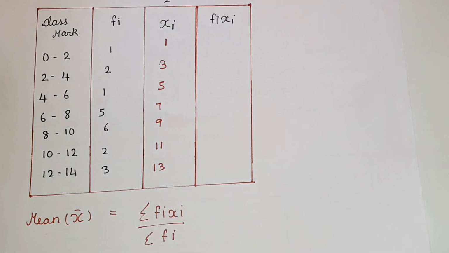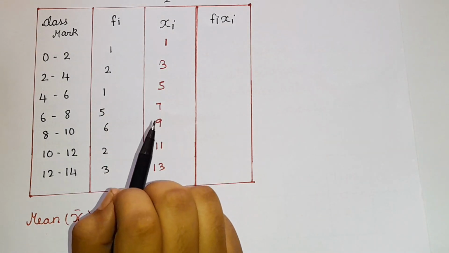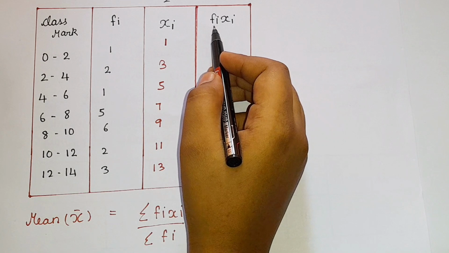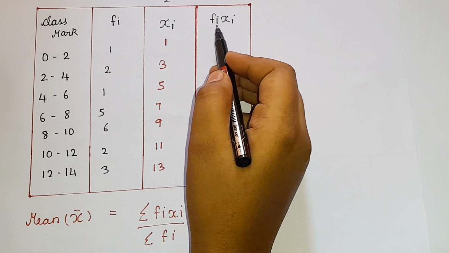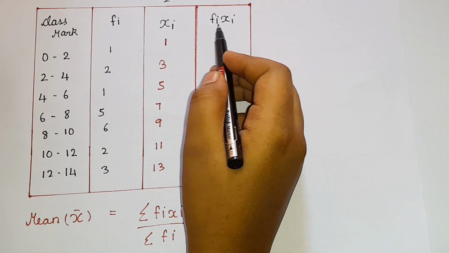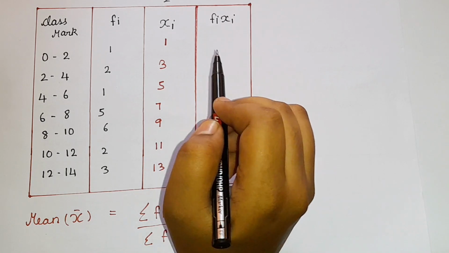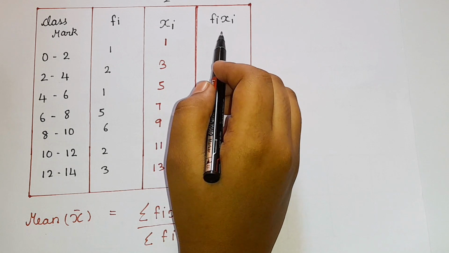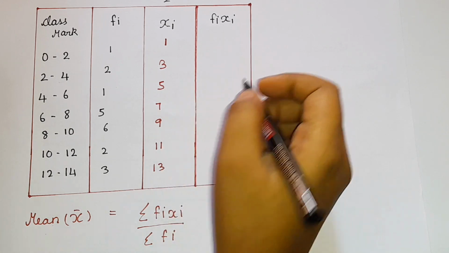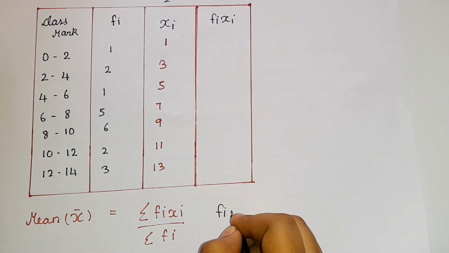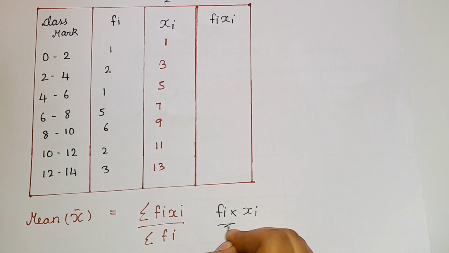To use this formula only I wrote the xi value. Why? Because we have the fi value and the xi value. So what is the meaning of fi and xi? So fi means frequency, okay. So frequency into xi. Of course. So here, one second, I'll write here. So fi into xi, isn't it? It is somewhat like this.